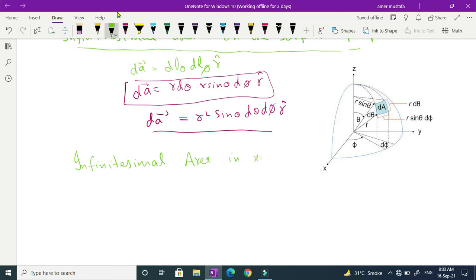In the xy plane, I draw the Cartesian coordinate system.